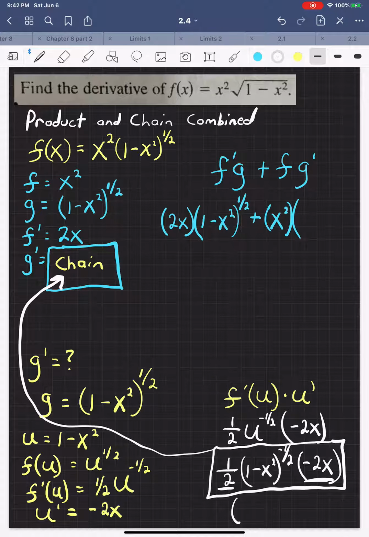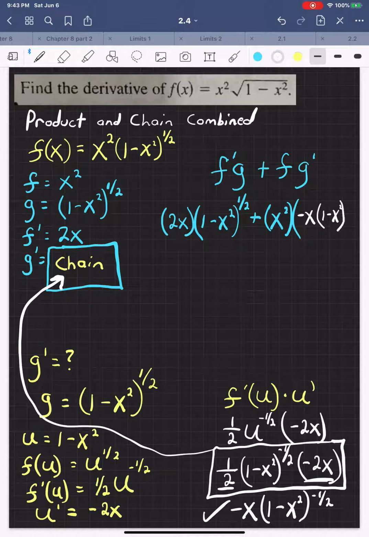So that would be negative x multiplied by 1 minus x squared to the power of negative 1/2. Okay, so this here is what I'm going to insert, and I'll keep the same color. So negative x times 1 minus x squared, all raised to the power of negative 1/2. That's my g prime.